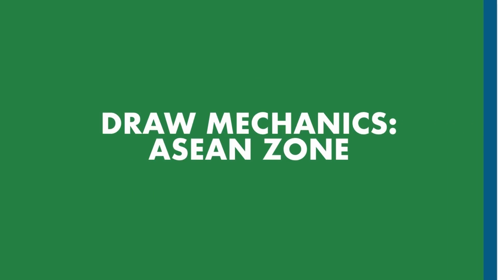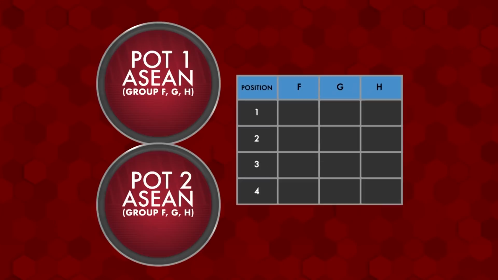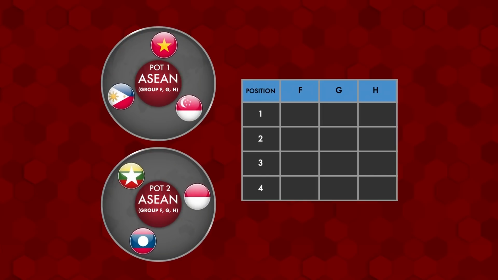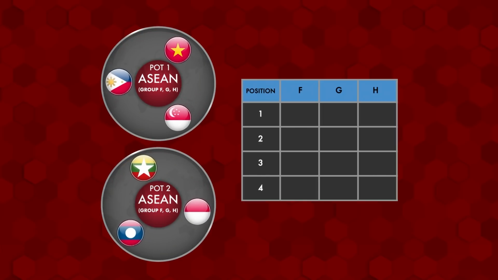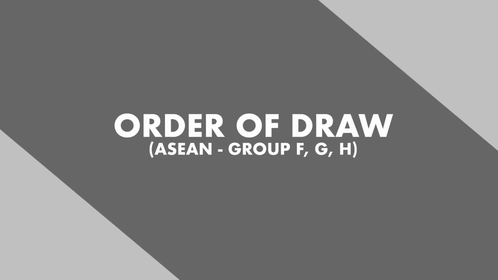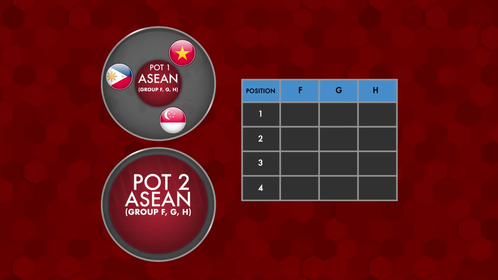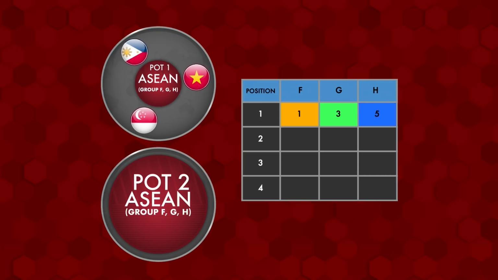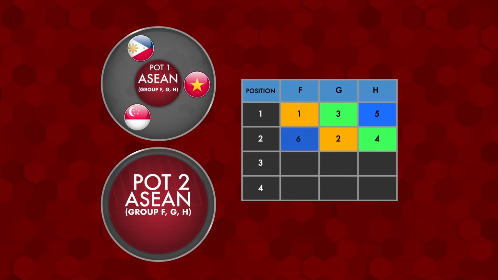Draw Mechanics, ASEAN Zone, Group F, G, H. There shall only be 2 country pots with 3 MAs each, in alphabetical order. Order of draw. League champion of the first, second and third drawn MAs will go to positions F1, G1 and H1, while the remaining clubs will go into position G2, H2 and F2 respectively.